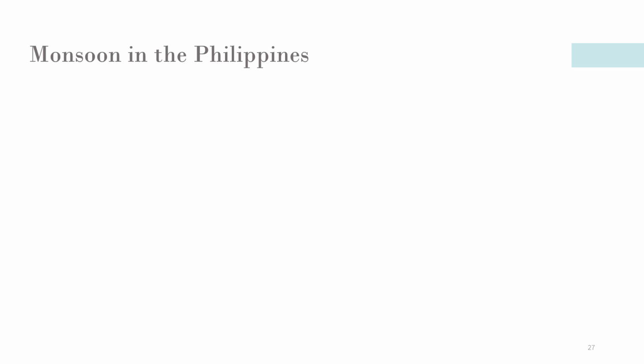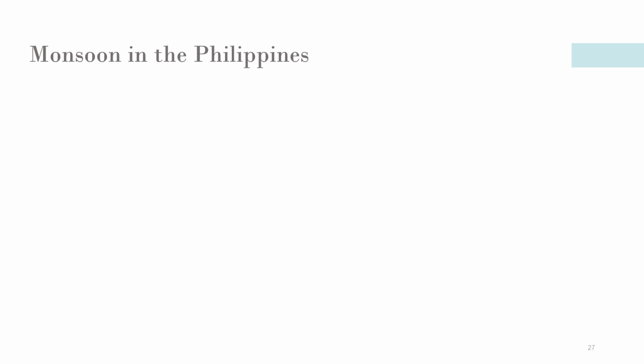However, we want to check more closely what influences this rainfall and the general characteristics of weather of the Philippines, which is affected by the high temperature, high humidity, and abundant rainfall. So one factor that is important to know is the monsoon.